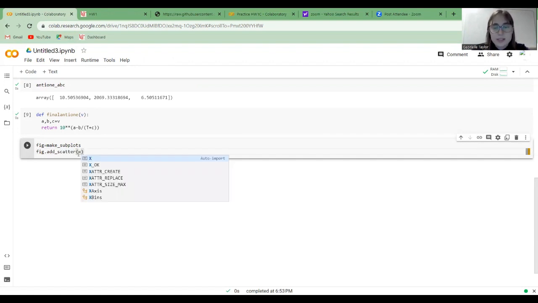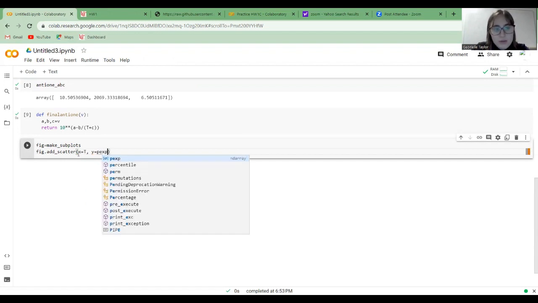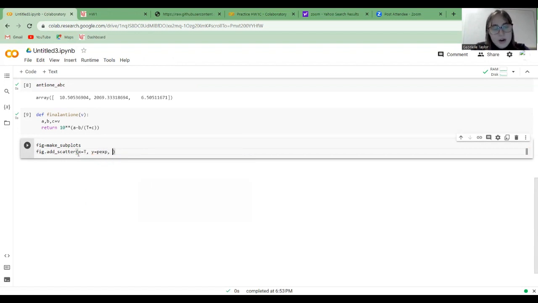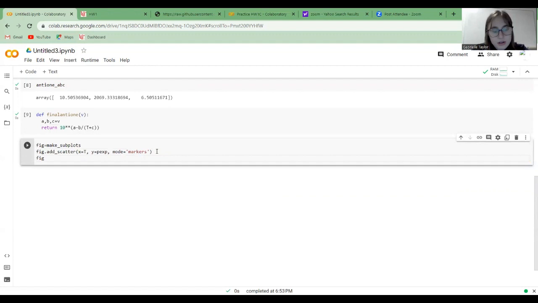And then our x is going to be our temperature. Our y is going to equal our pressure, experimental, and then our markers. So I think it's mode equals markers. And this should be good. And then the next one is going to be figure dot add scatter as well. And x is also going to be our temperature.